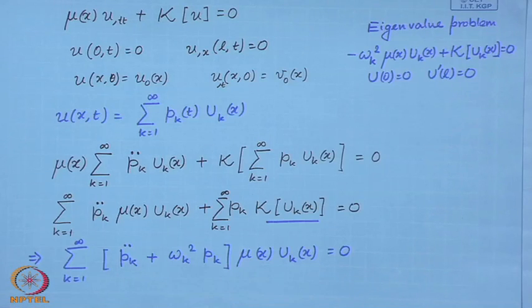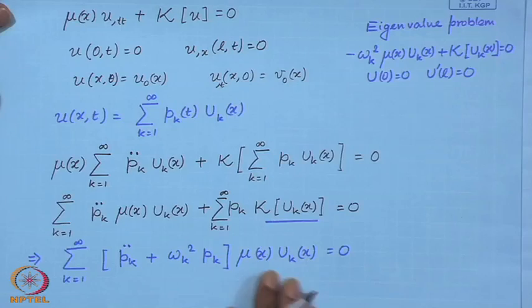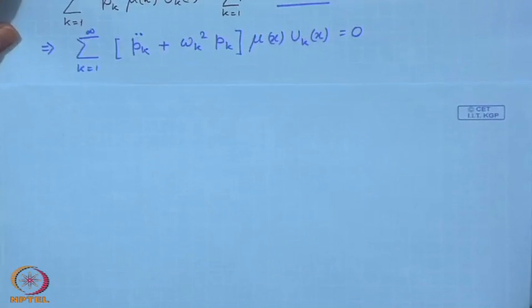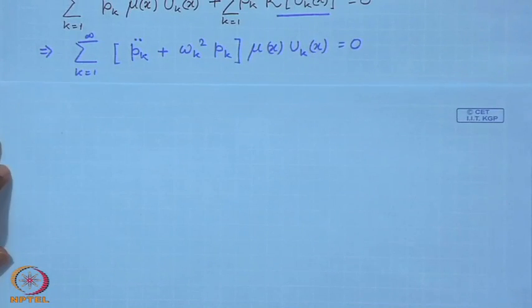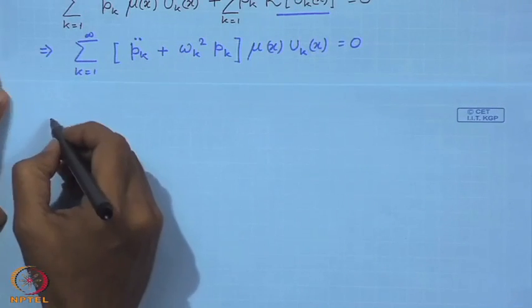So, I can use now the orthogonality property. So, I will multiply both sides by the jth eigenfunction and integrate over the domain of the problem.